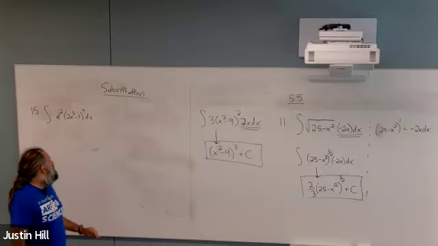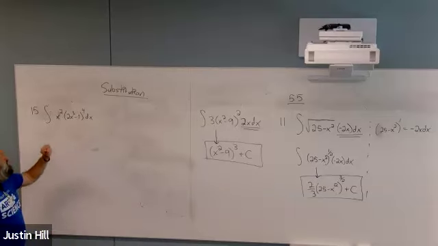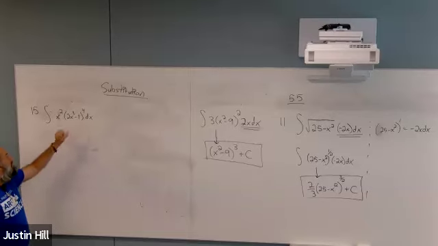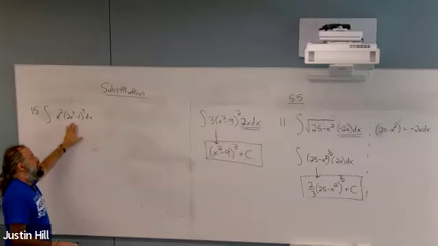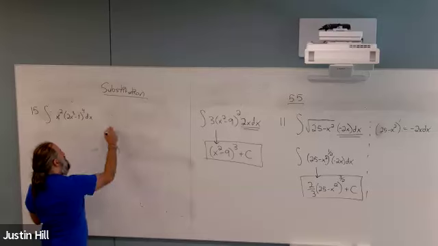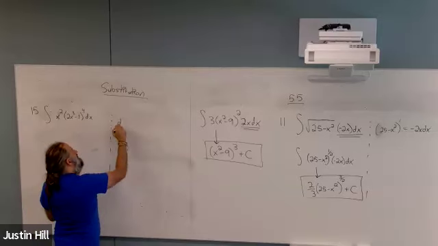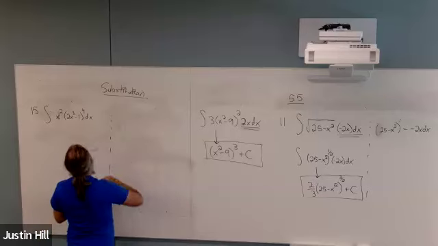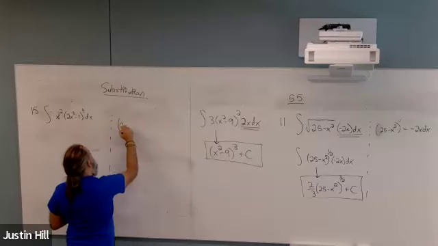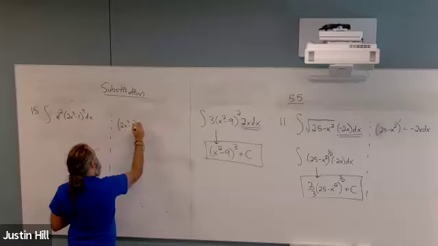So again, what you want to do is look for, first of all, what function is inside? Good. That's 2x cubed minus 1. And then you want to think about what the derivative of that is. So let's do a little work on the side here. What is the derivative of 2x cubed minus 1?